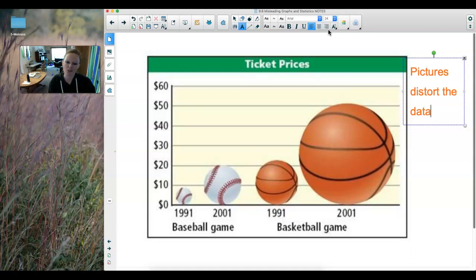Also, you're looking at a basketball game compared to a baseball game. If anybody thinks about that a little bit, there are a lot more baseball games in a season than basketball games. So to compare the ticket prices from one to the other is a little bit unrealistic. Yes, prices have gone up, but this big, huge basketball makes it look like that's way more expensive.